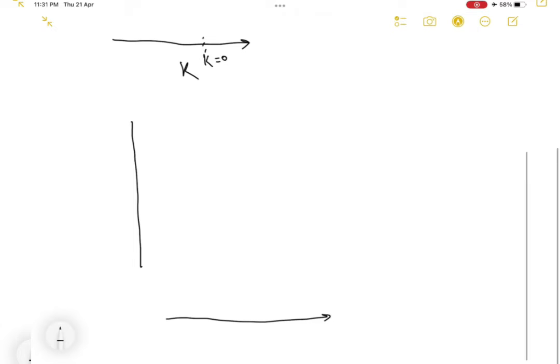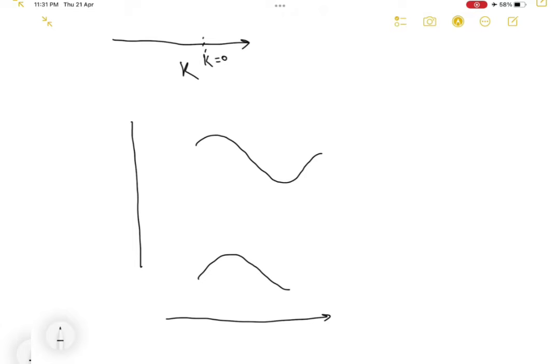Next we will go to the indirect band gap semiconductor, where there is also a minima of conduction band and the maxima of valence band, but they don't situate at the same K value. Say this is K equal to 0, but the minima of conduction band has finite value of momentum.